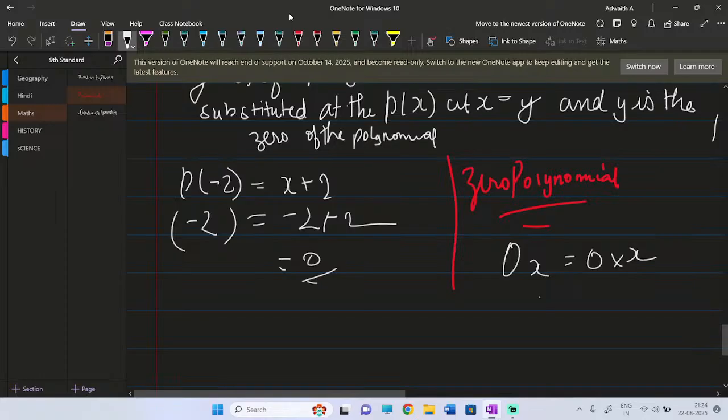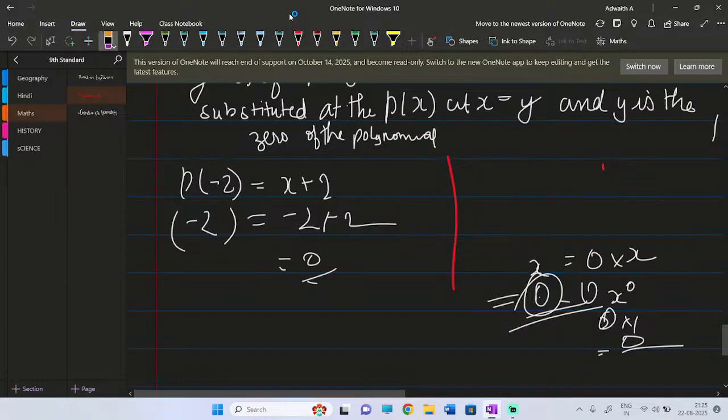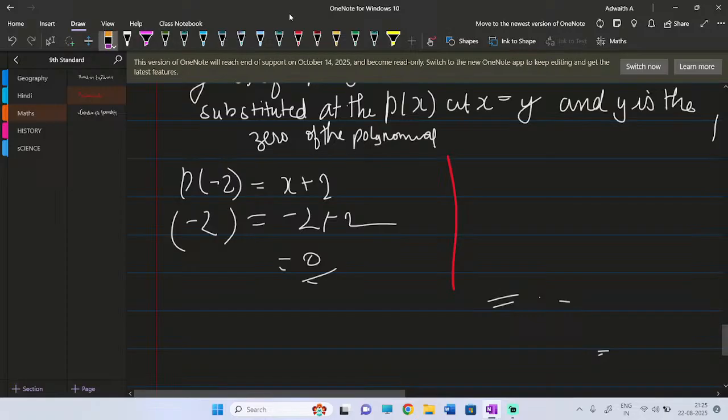Anything multiplied with 0 is equal to 0 only. So 0 is a constant polynomial, which is only the number. If it's 0 times x raised to 0 also, you will get 0 into 1, and you still get 0. So that is the zero polynomial. I just explain it to you so that you don't get confused with zeros of a polynomial.